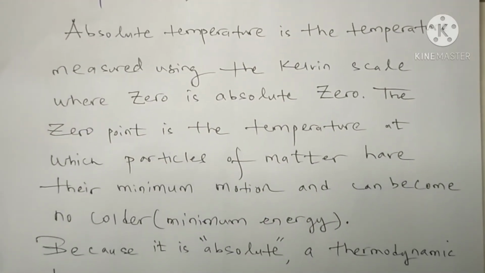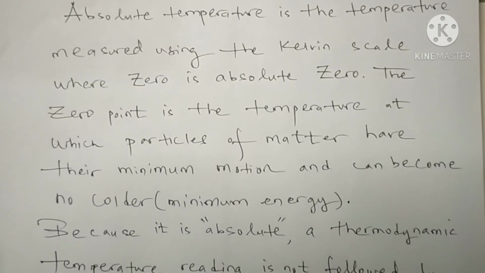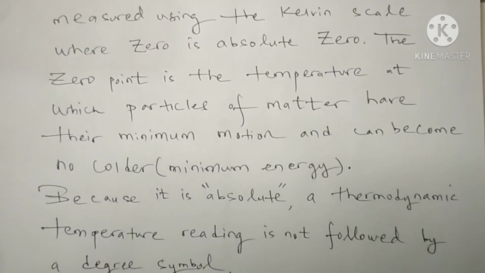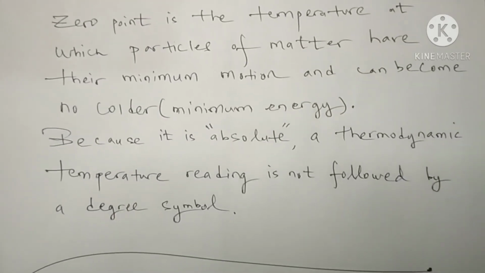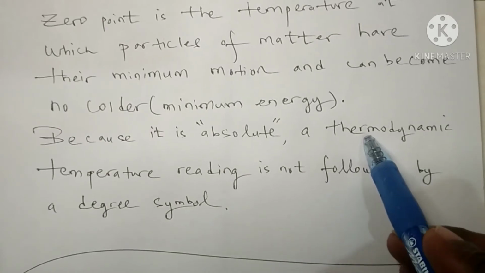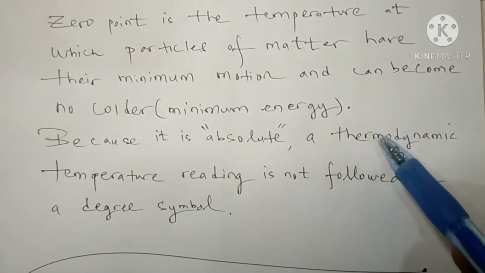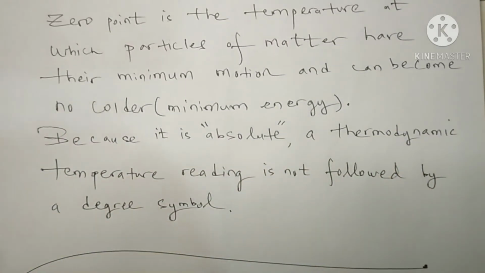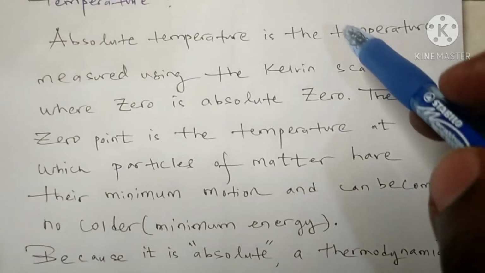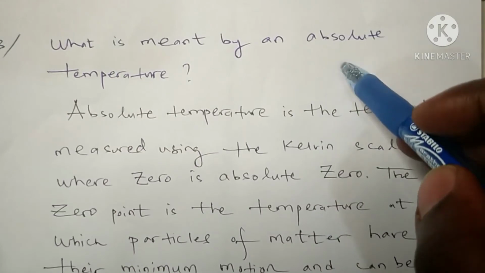Because it is absolute, a thermodynamic temperature reading is not followed by a degree symbol. We will explore more about thermodynamics in our next chapter. So, absolute temperature is measured using the Kelvin scale.